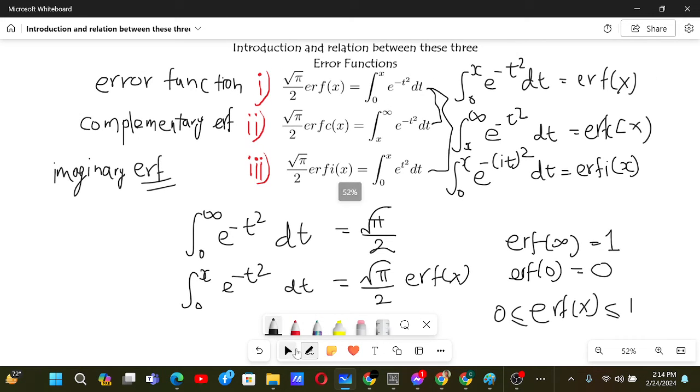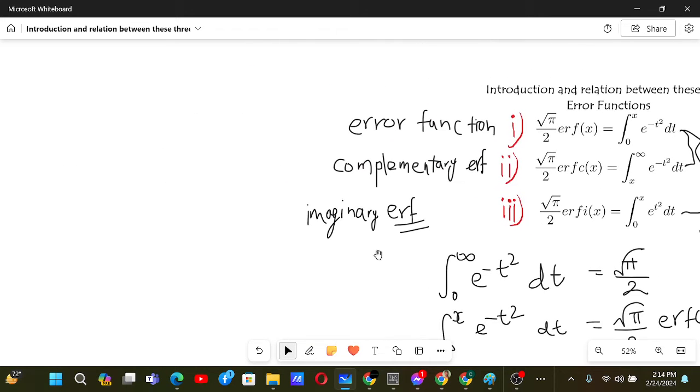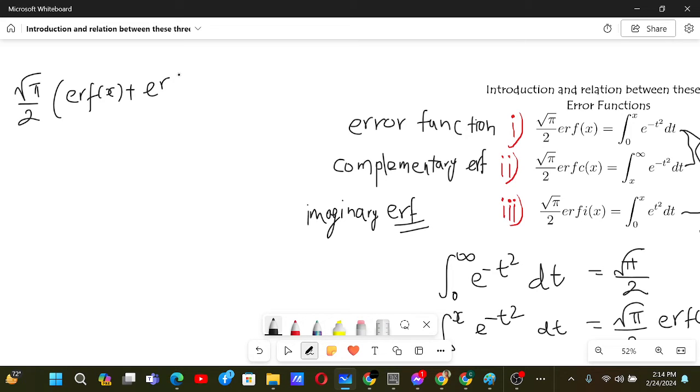Now let's try to explore the relationship between these functions. First of all, the first two. We can take root pi by 2 common, and then erf of x plus erfc of x.